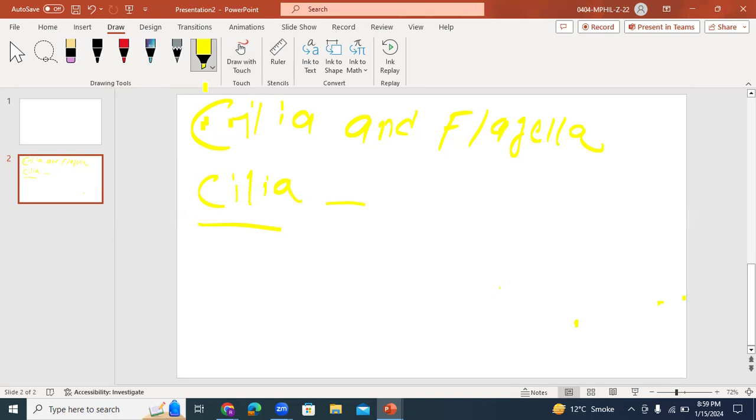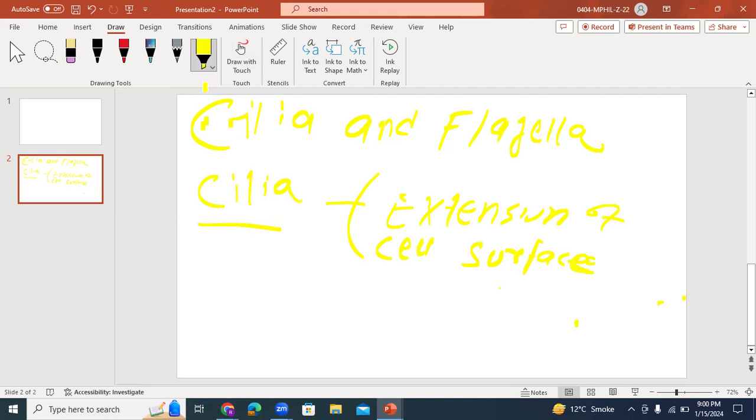At first, what is cilia, what is flagella, and how do they function in cells? Shortly, we should know about it. Both of these structures are an extension of the cell surface.